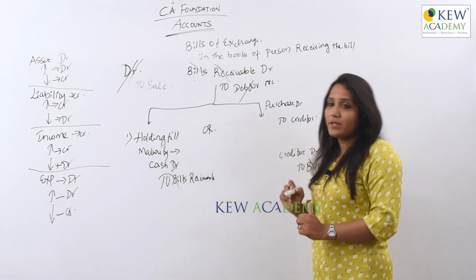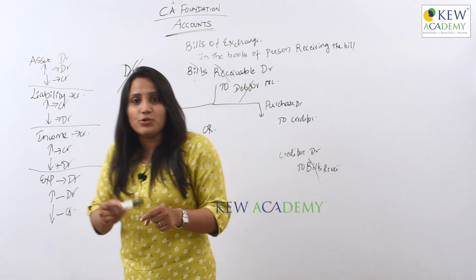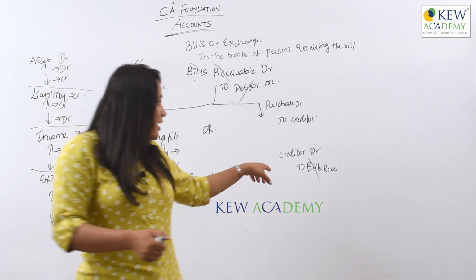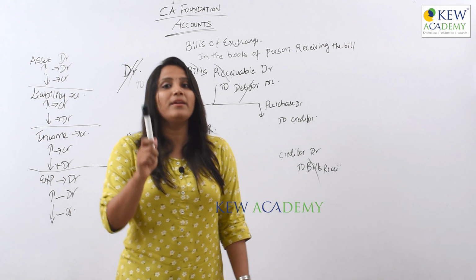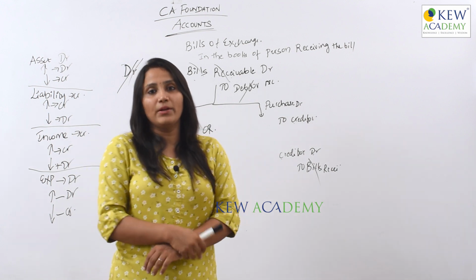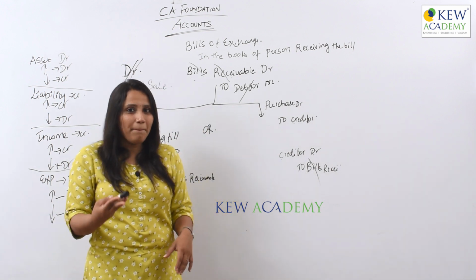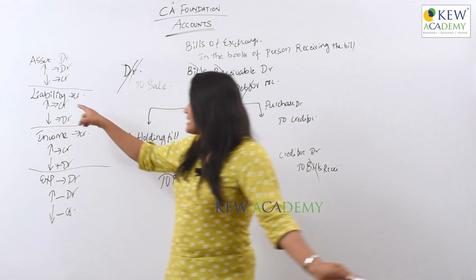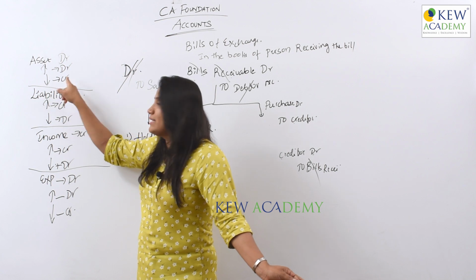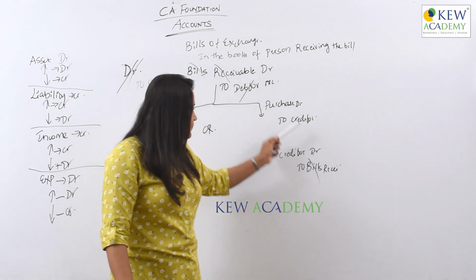See, purchases to creditor. Normal payment means you should have passed the entry creditor account debit to bank account. But here, are you paying in bank? No, madam, we are not paying in bank. So we are paying in terms of bills. So bill is going out. It's an asset. Asset will decrease. It will be having a credit balance.